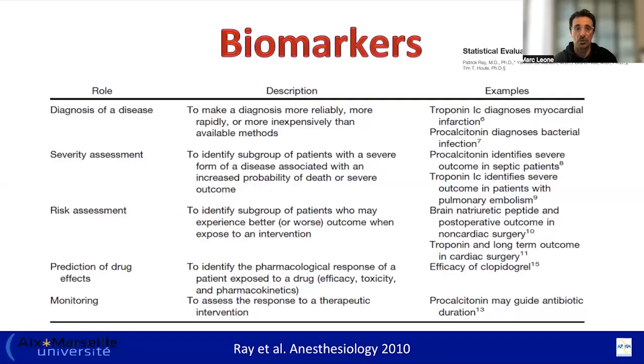But if you want to use a biomarker for diagnosis of infection, there is no good choice. There is perhaps procalcitonin to diagnose bacterial infection, but the performance of this biomarker in critically ill patients is much more than debatable.